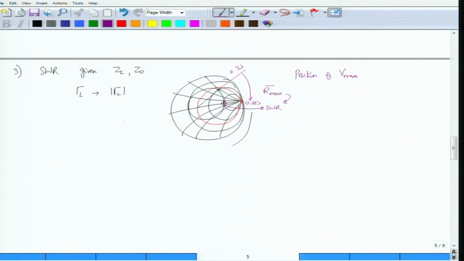If you continue moving you would reach a certain point on the left side of this axis, at this distance, and that would correspond to the position of V min. So in fact we have found out not just SWR, we can also find the position of V max and position of V min, all from this particular exercise.